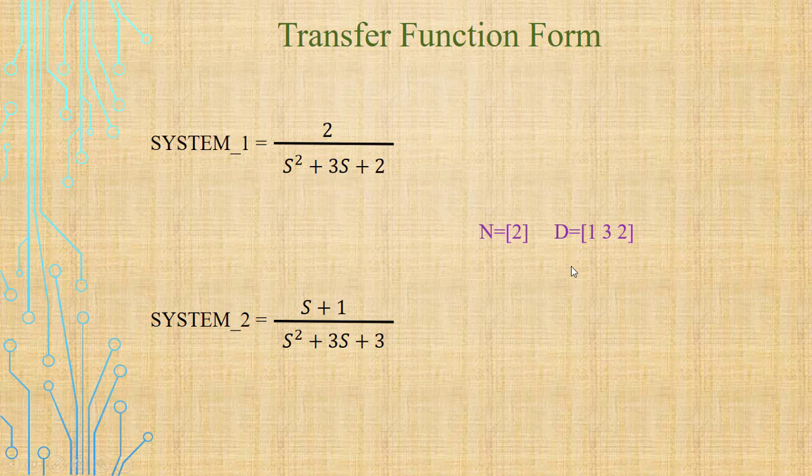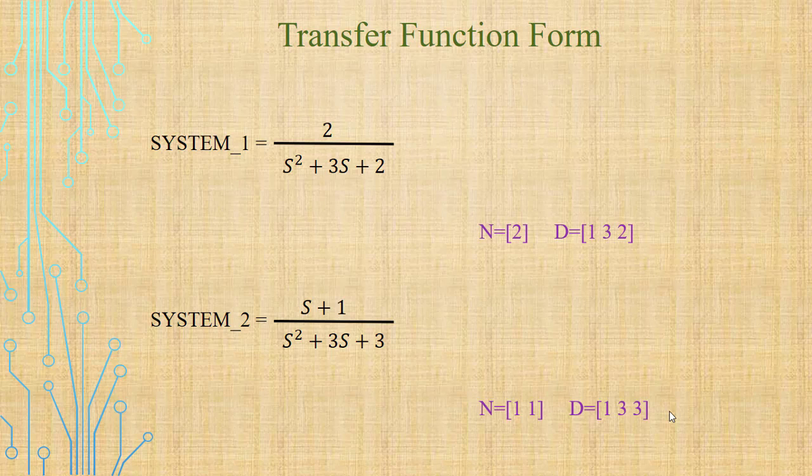And for system 2, the numerator is 1s + 1s^0, so 1, 1, and the denominator is 1s^2 + 3s^1 + 3s^0. We write between brackets 1, 3, 3.